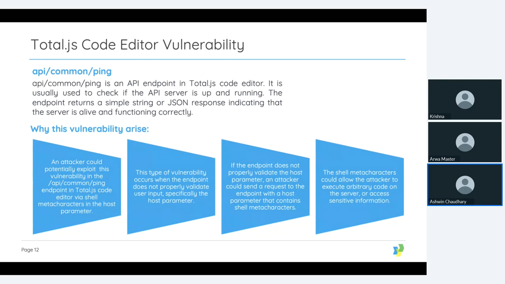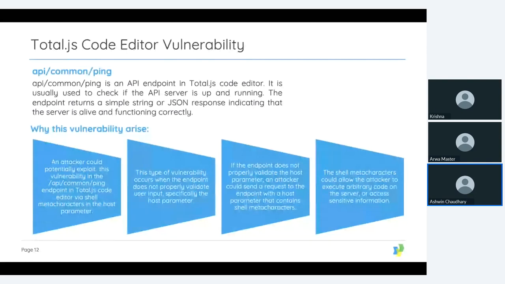So this type of vulnerability occurs when the endpoint does not properly validate user input, specifically the host parameter. Exactly. So when we send those meta characters, ideally the API endpoint should validate what is coming in, right, but it does not validate, and that is the reason for this exploit and this vulnerability.